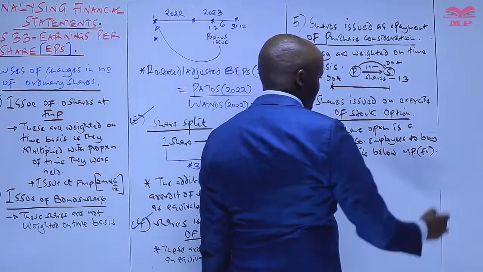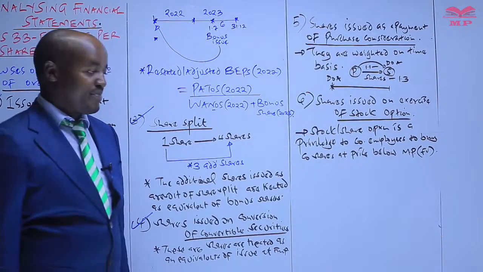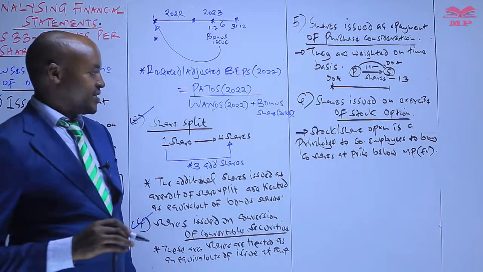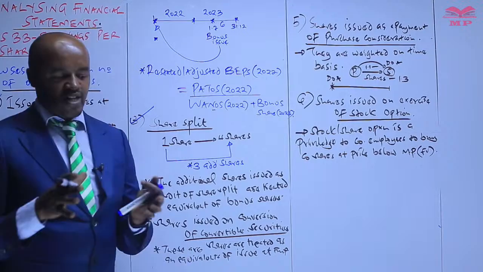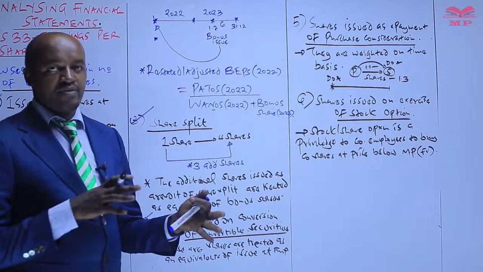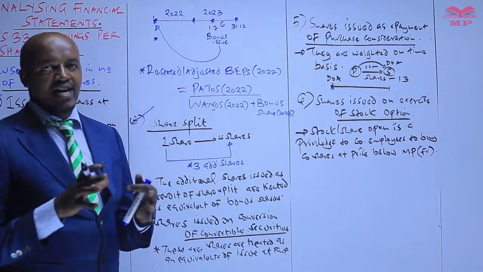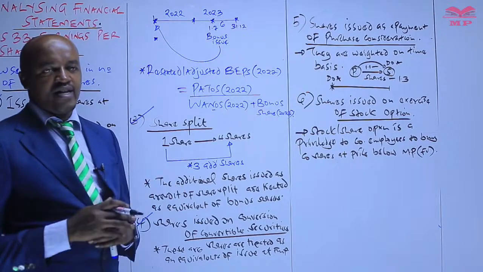Now, anytime the company issues shares at a price which is below the market price, it is assumed that some of the shares were issued at full market price, whereas other shares were issued at nil consideration.